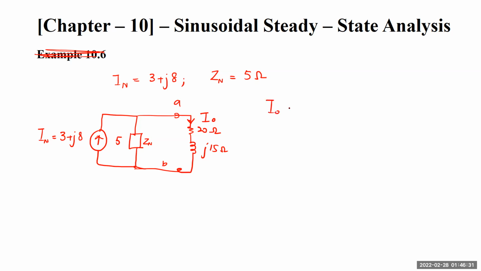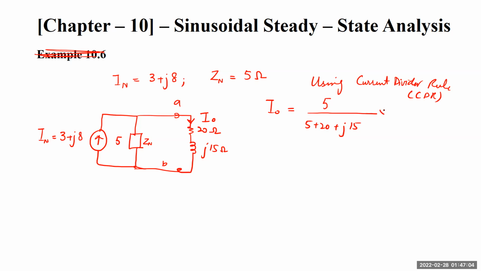Remember, I naught will be equal to, using the current divider rule, or you can also call it CDR, current divider law, CDL. This will be 5 divided by the complete impedance, 5 plus 20 plus j15, multiplied by the current that is applied by the source, 3 plus j8.